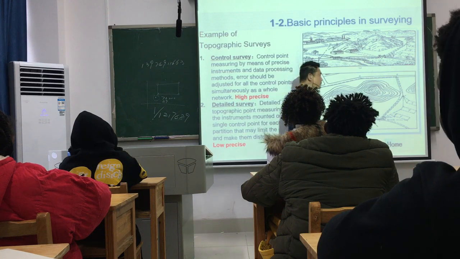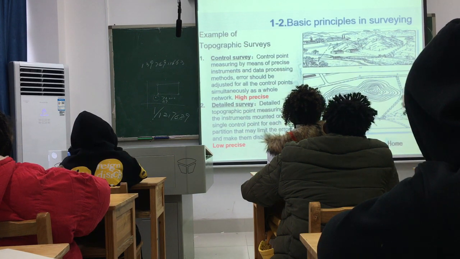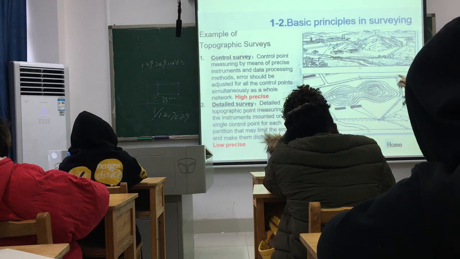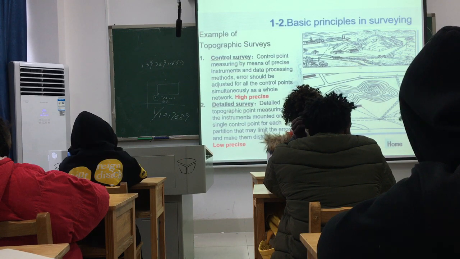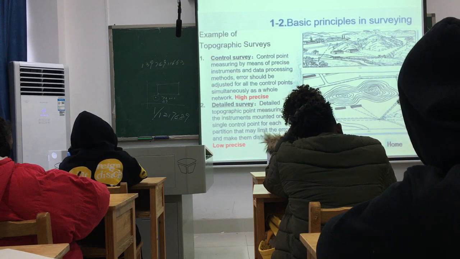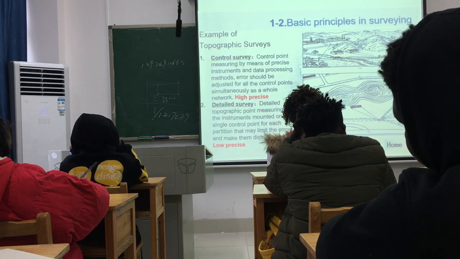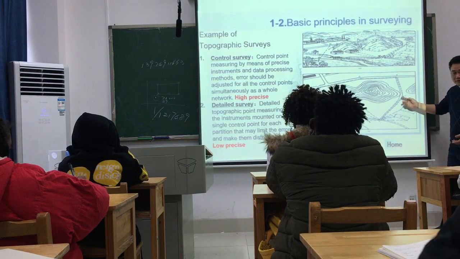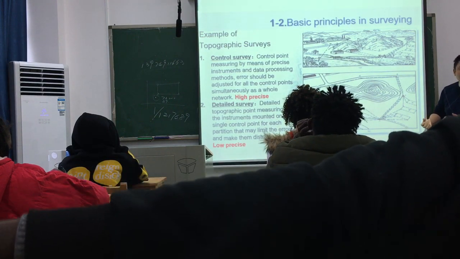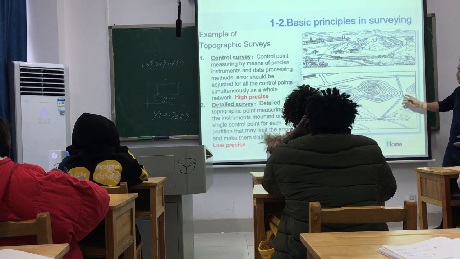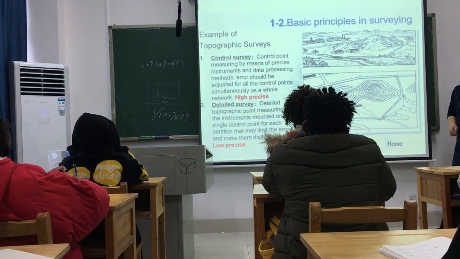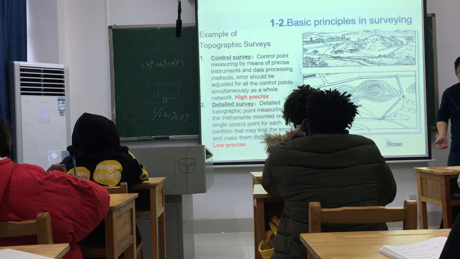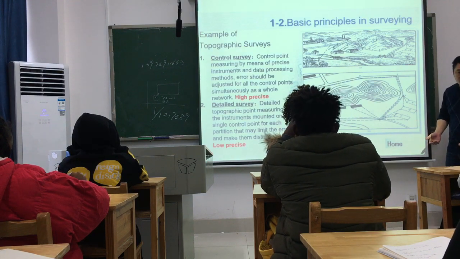And then, based on the coordinates of control points, we do detailed survey around these control points. Yeah, for example, we do control survey firstly and get the coordinates of these points, because they are control points, so the coordinates are precise. The error is very small. For these control points, the error should be roughly equal, and the error is very small.